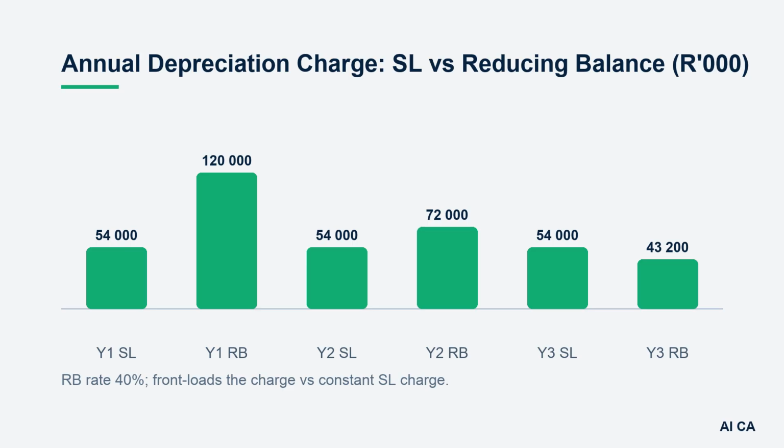The reducing balance total over 5 years comes to approximately 262,000, leaving a small residual balance that in practice is adjusted in the final year or absorbed when the asset is derecognized. This front-loading is the defining characteristic of reducing balance.